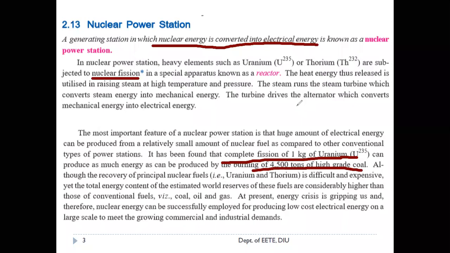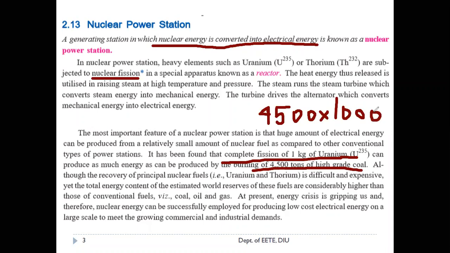One ton is 1,000 kg, so if you multiply 4,500 by 1,000, a huge amount of energy can be produced by just 1 kg of uranium.